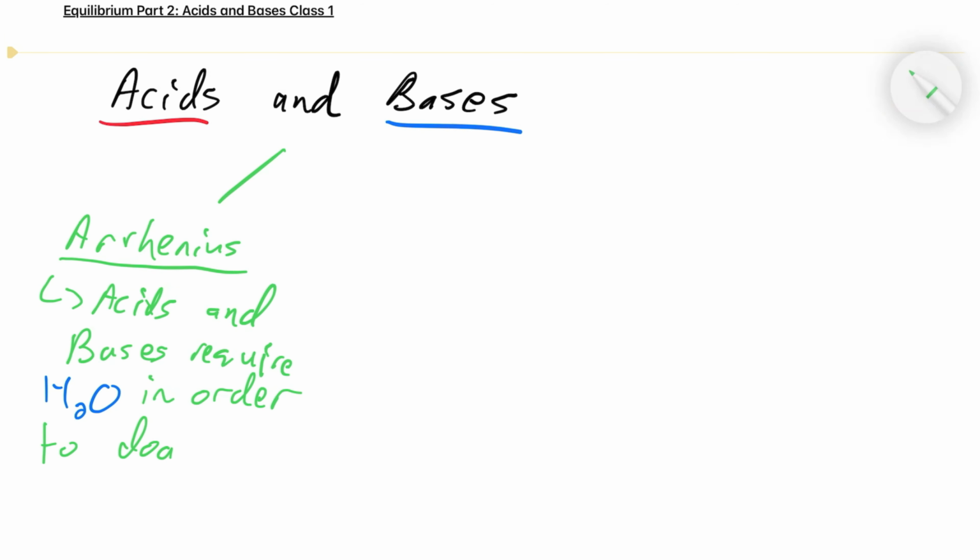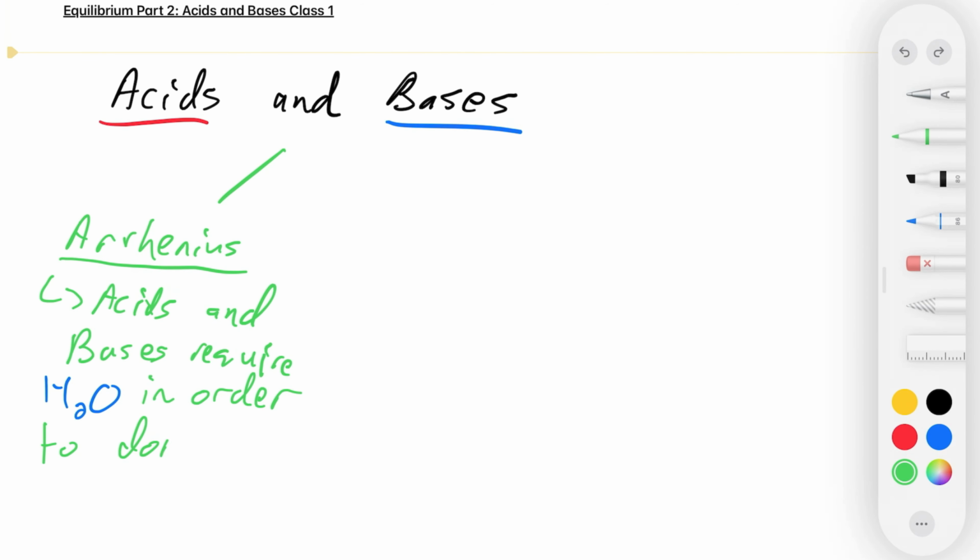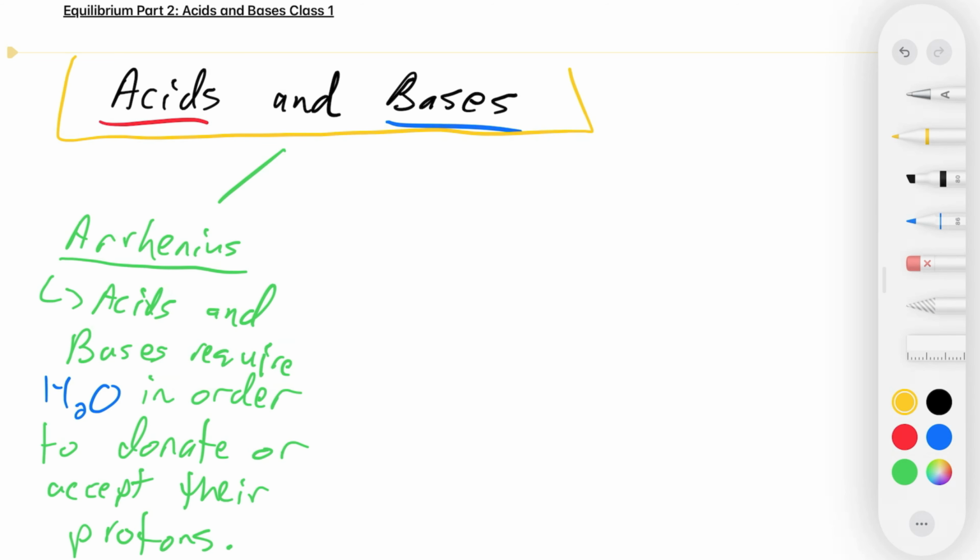So donate or accept their protons. Of course, it depends on whether it's an acid or a base, whether it's going to accept or donate. And I'm going to draw a box here just so you know that this is going to govern everything here.